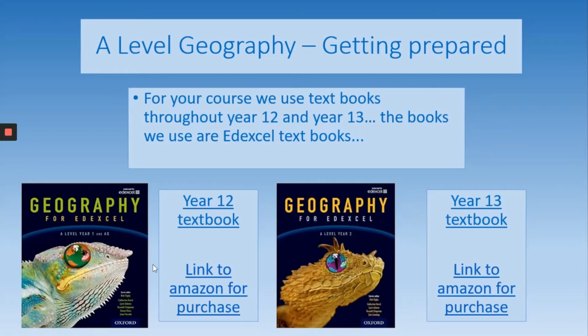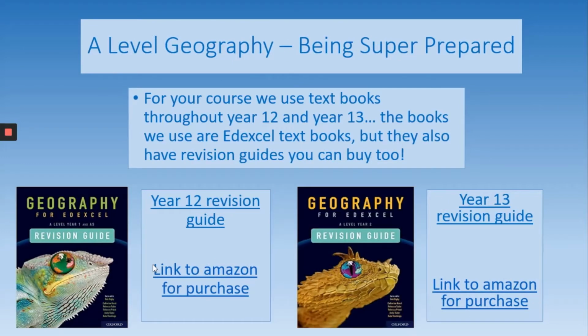Sometimes we do find, because so many people need it in September, if you order it slightly later, there tends to be a bit of a backlog and you're left without a book for several weeks. If you wanted to be super prepared, there are also revision guides to go alongside both of these. If you were really keen, I might suggest getting the Year 12 revision guide ready for September. It breaks things down into slightly smaller chunks to make it easier to understand.